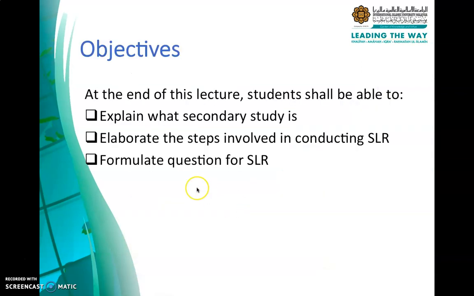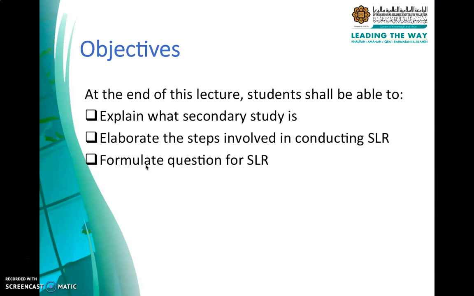Okay. So basically, at the end of this lecture, you should be able to firstly understand what a secondary study is, and then understand and elaborate the steps involved in conducting a systematic literature review, and thirdly, to formulate questions for a systematic literature review.